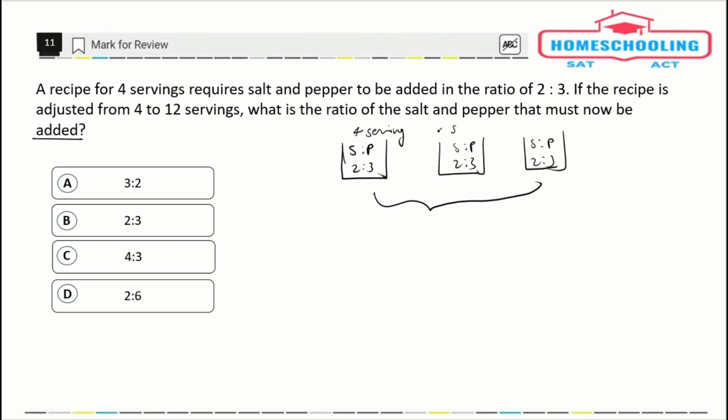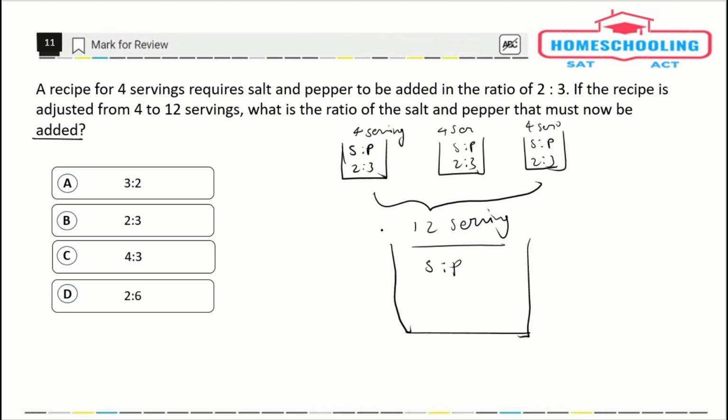So these three bowls of 4 servings will combine to have 12 servings. And if we combine them in a big bowl of 12 servings, still the ratio would be the same.